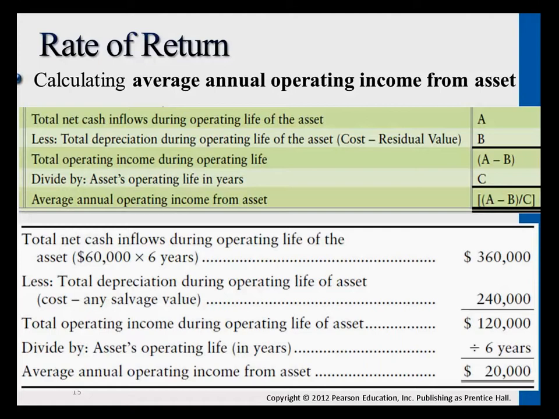We first invested $240,000, and let's say there is nothing left at the end of that lifespan. So our salvage value is 0, but the cost we initially invested was $240,000. So we calculate total operating income during the operating life of the asset as a subtraction of the two: $360,000 minus $240,000 is $120,000.